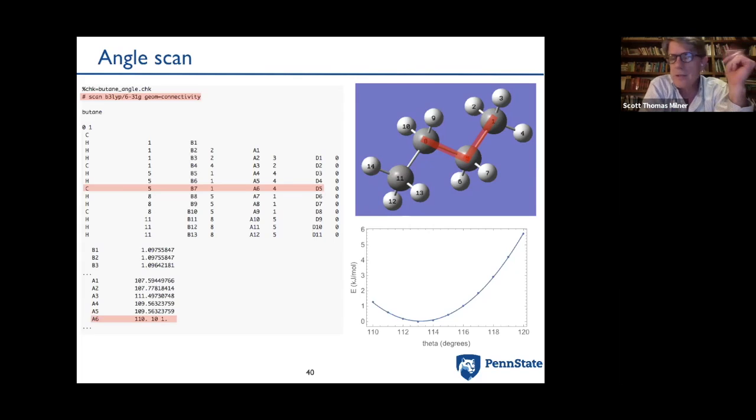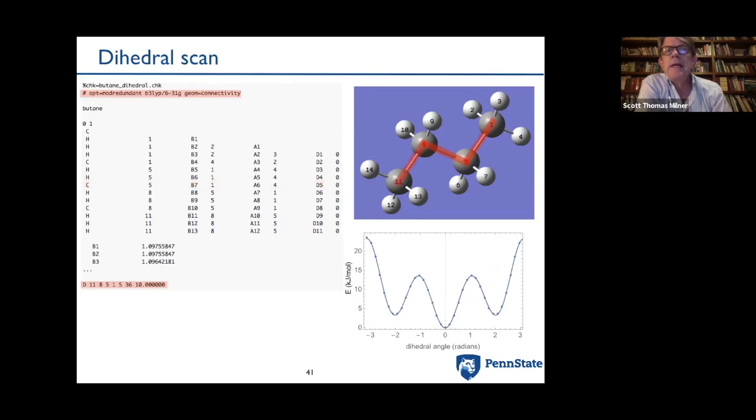And so these calculations are relatively cheap to do, and you can get decent values for angles or bond lengths that are not in the extensive, but of course not infinite, database of pre-existing bonds and angles and so on. Finally, dihedrals, as I say, are soft degrees of freedom. And there is the central dihedral of a butane molecule. In this case, I've done something a little different, which is a relaxed scan.